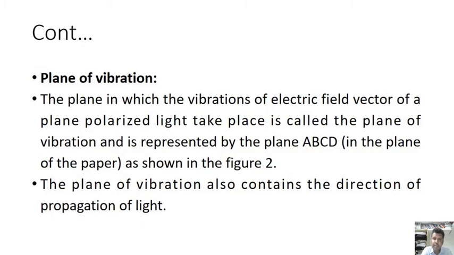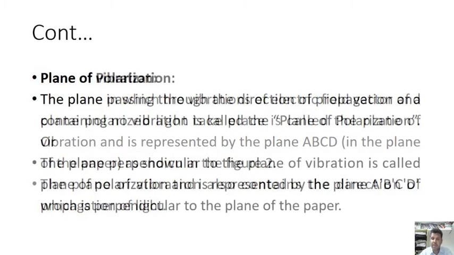The plane in which the vibrations of the electric field vector of a plane polarized light take place is represented by a plane ABCD in the plane of the paper, as shown in figure 2.